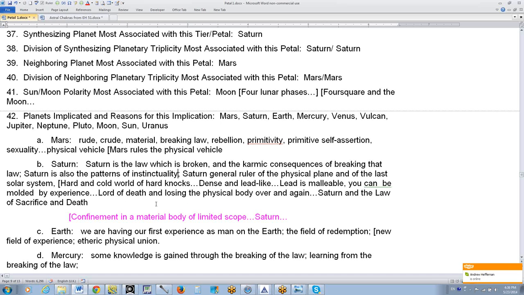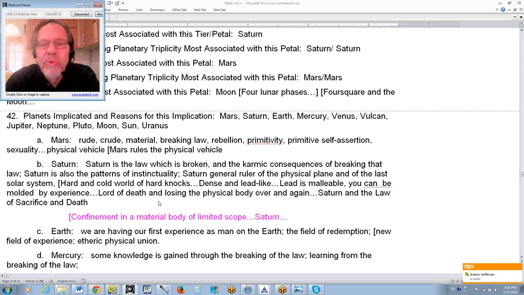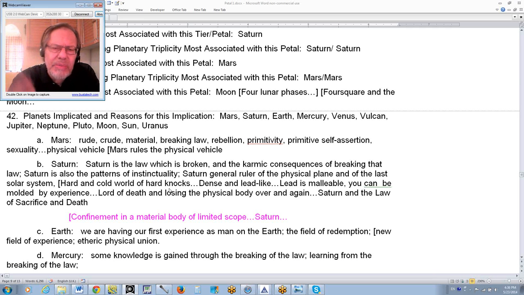Saturn is also the Grim Reaper. He's the Lord of Death and losing one's physical body over and over again through breaking the law and not knowing enough about the surroundings. Saturn relates to the law of sacrifice and death, which is the seventh law. And it is also complete confinement in a material body of limited scope, except for maybe some of the astral ability to leave, which gradually over the years became less and less.